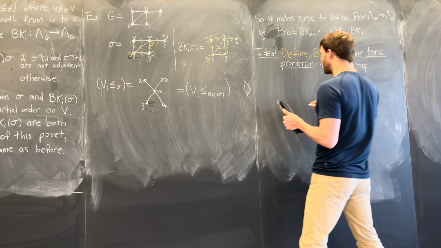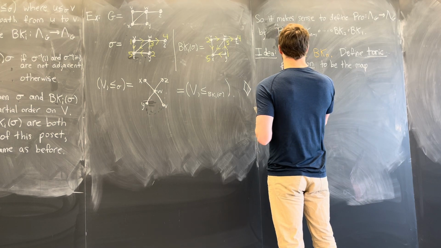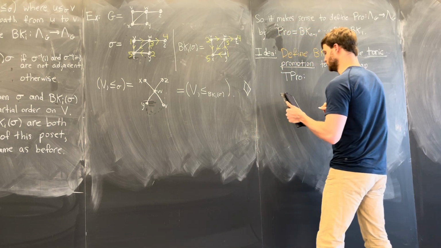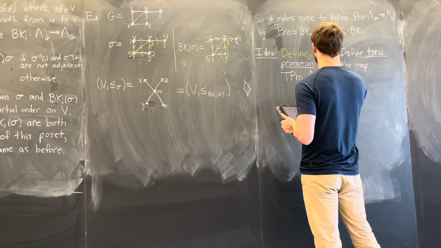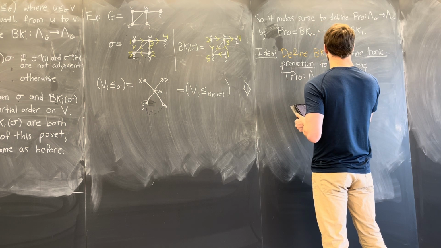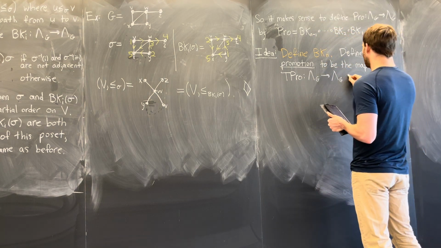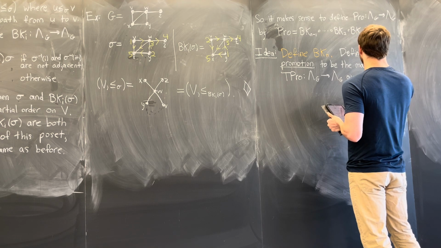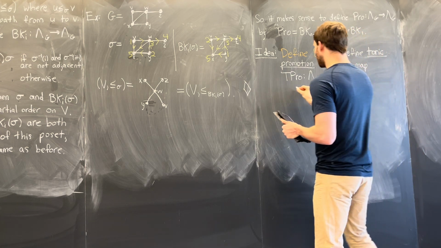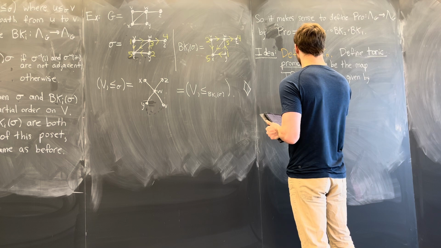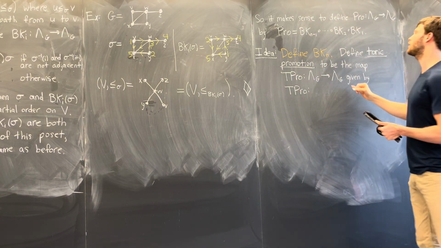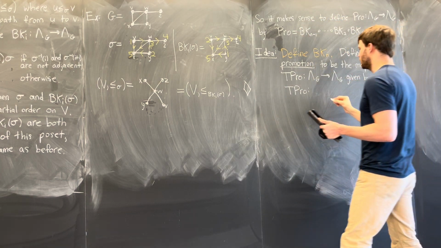I'll denote it by T-pro. And it'll again go from labelings of G to labelings of G. And it's just given by, well, I do the same thing as before with these toggles, except I add on bk sub n at the end over here.